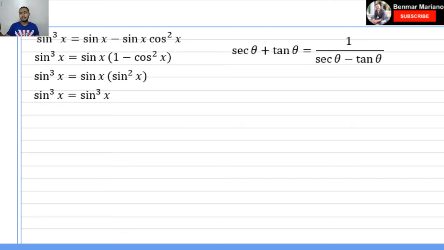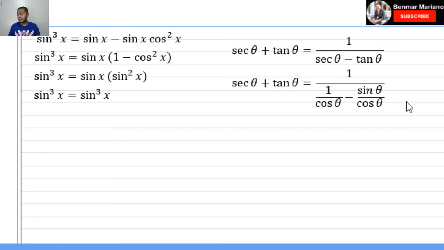Okay, so as you can see, it's very obvious that 1 over secant theta minus tangent theta is more complicated, simply because it is in the fraction form compared to secant theta plus tangent theta. So what I am going to do here is to express the right side of the equation in terms of cosine and sine functions only. So secant theta will become 1 over cosine theta and tangent theta will become sine theta over cosine theta.